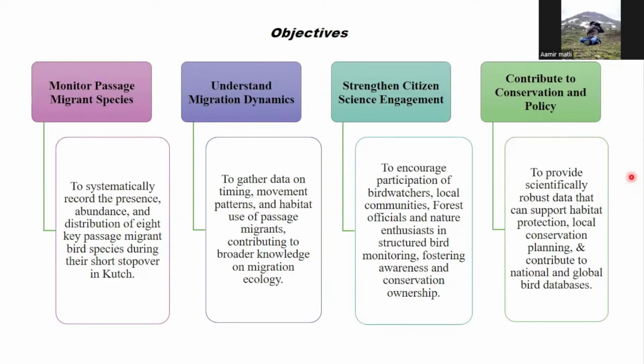If you are on a long road trip, you may stop at some dhaba for just one meal or for some rest before continuing. That's what these birds are actually doing. They are here for a short time, but that stop makes all the difference for their survival for their upcoming journey. Between August and October, Gujarat and Rajasthan serve as bottlenecks with thousands of birds moving through. Documenting these birds is exactly what PMC set out to do.